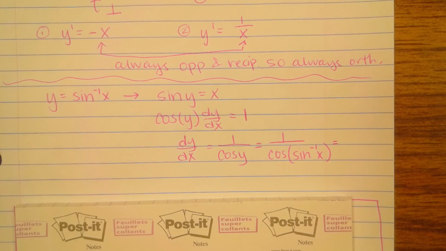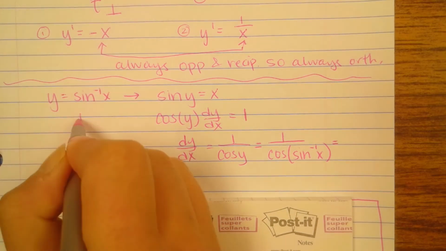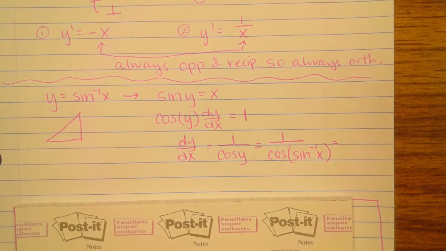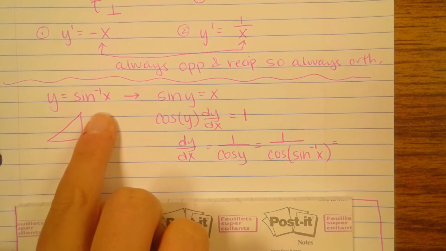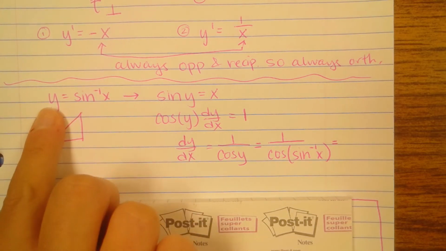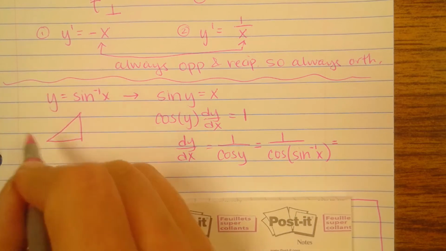So to do that, I'm going to start with what this meant originally. Looking at my original function, y is some angle, because that's what inverses help me find. So that's what I have here in the corner of my triangle.